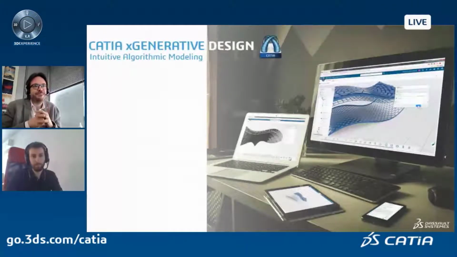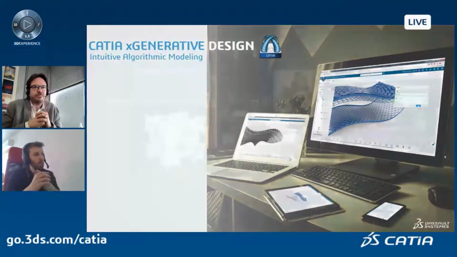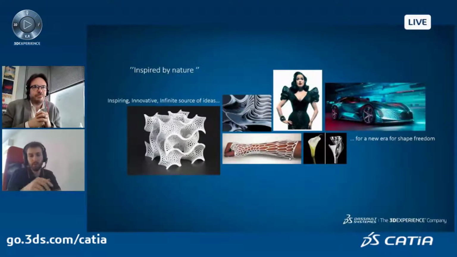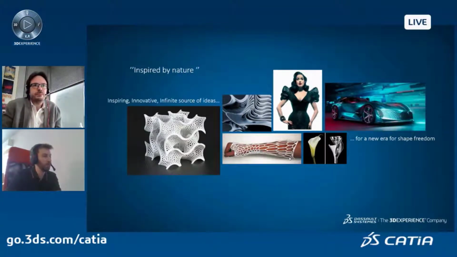Okay. So CATIA Generative Design is a new web application in the portfolio of CATIA applications. And you will see CATIA Generative Design, in fact, is to answer a new trend in the industry to create complex shapes. You can see organic shapes like on these pictures. It's a new trend.